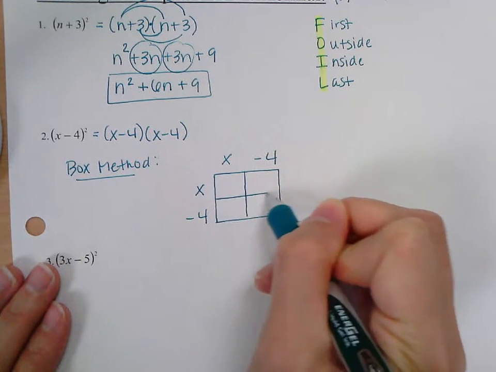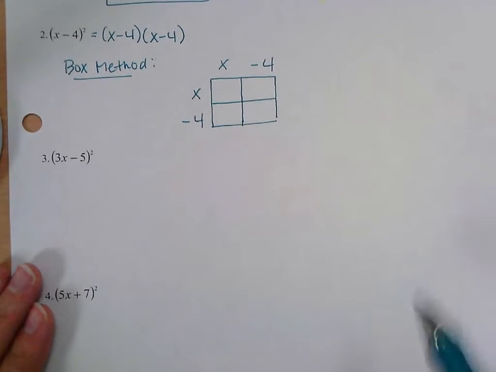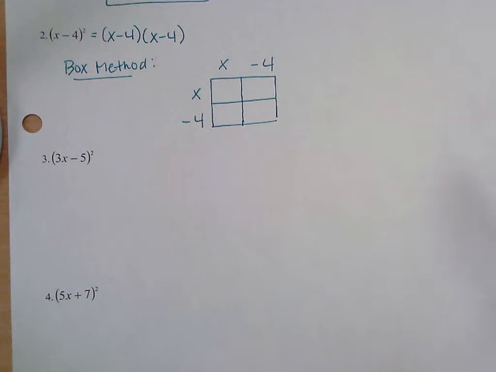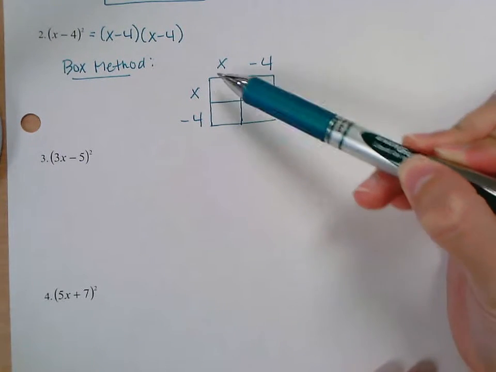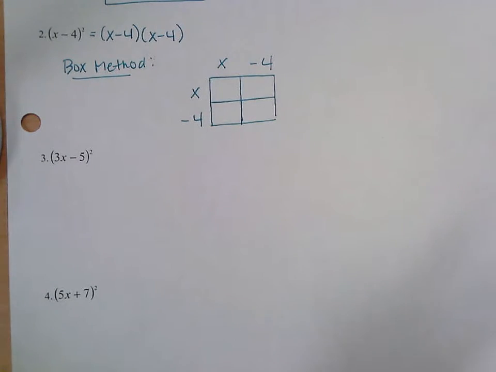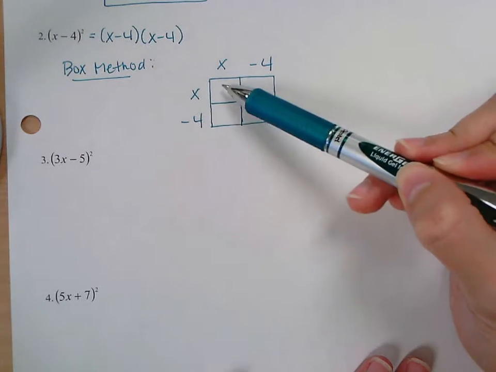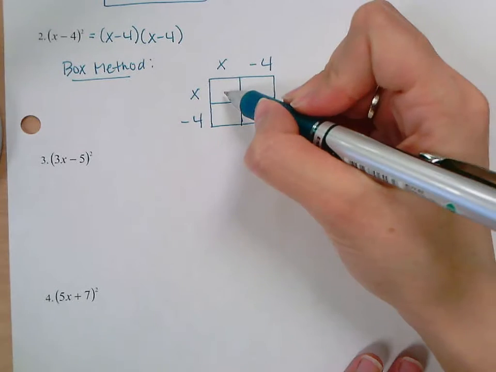And so I get the 2 columns and 2 rows from my 2 terms for each one. Remember, in each box, you're multiplying. It's kind of like you're finding the area of the box. You're multiplying the term on the top and on the side. In this box, I multiply x times x, which is what?